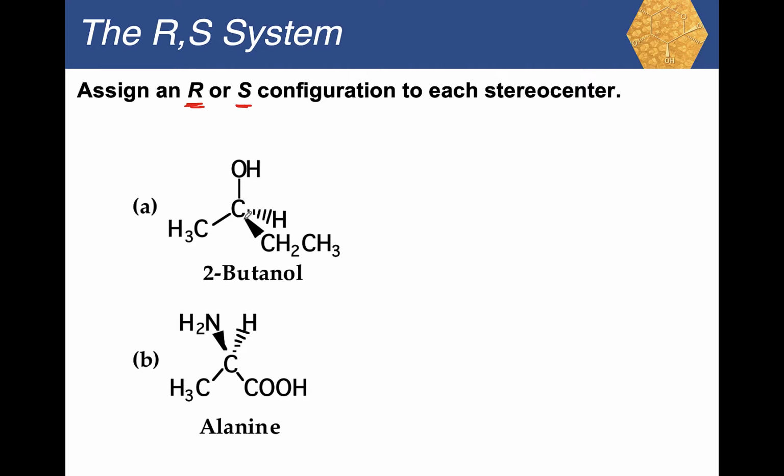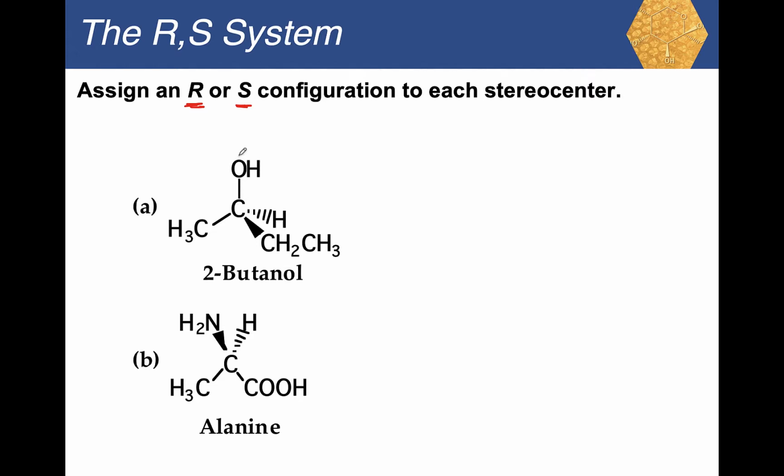Here is the carbon. It is the stereogenic center because it has 4 different groups bonded to it: OH, CH3, C2H5, and H. Then we'll have to look at the atomic number of the atom that's directly bonded here.